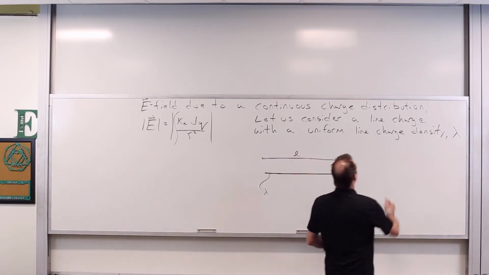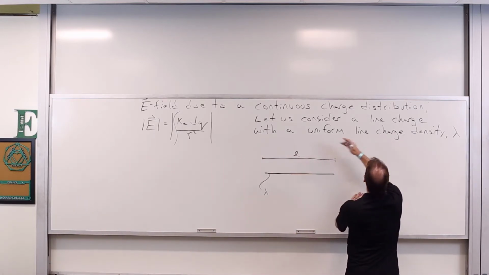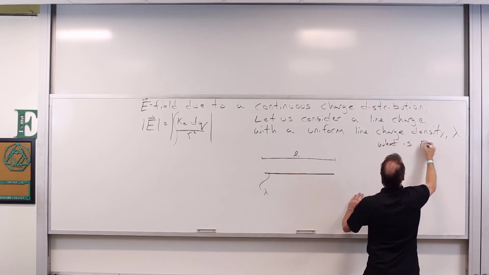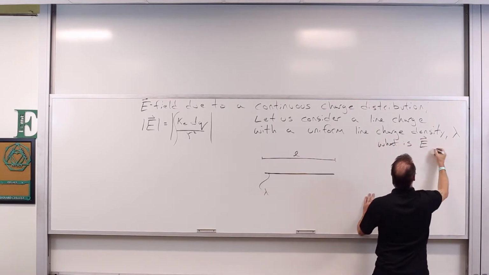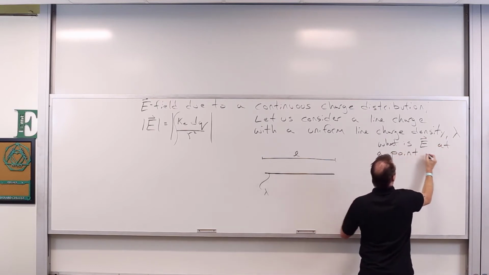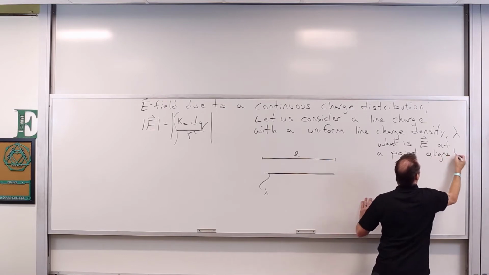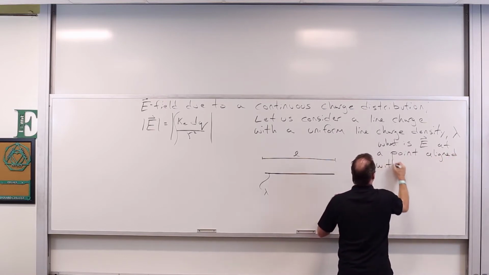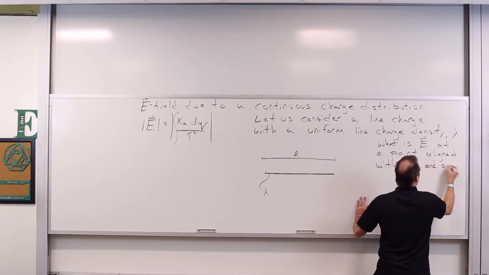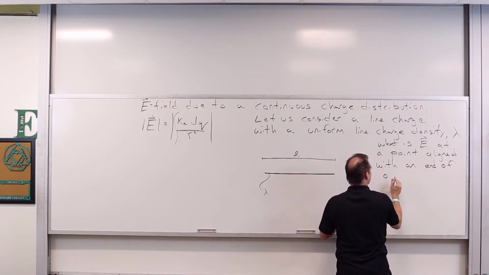So what is E at a point aligned with an end of the line?